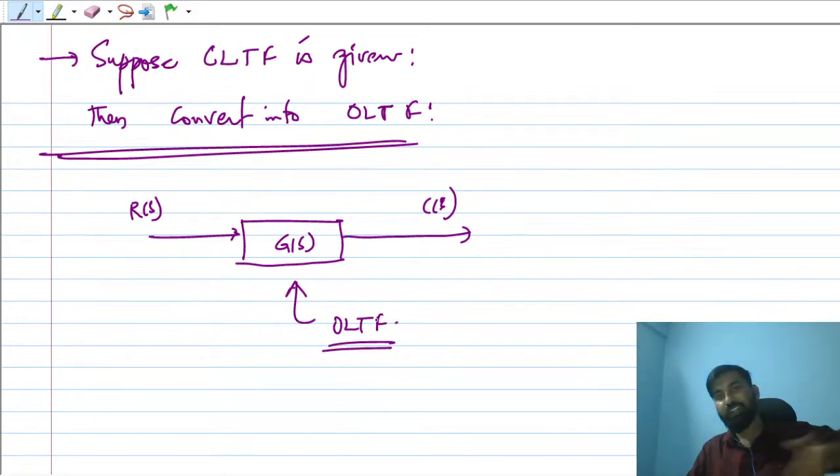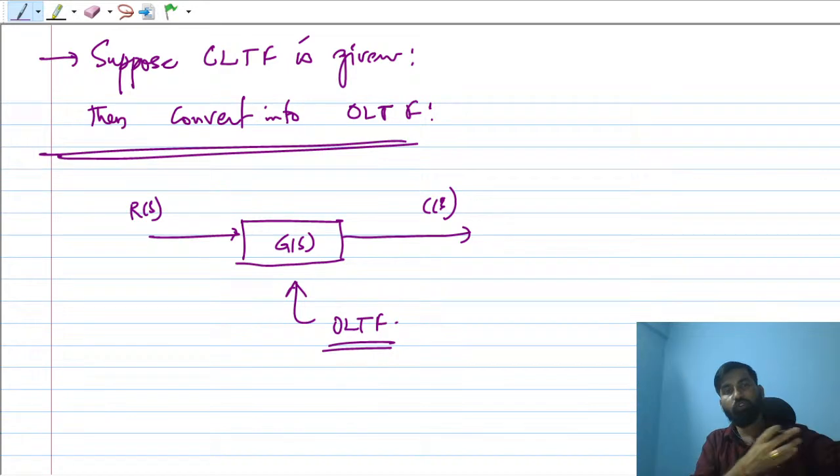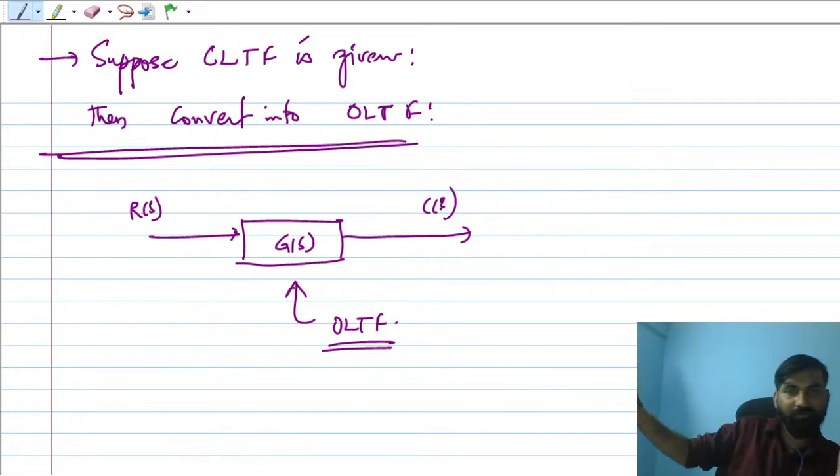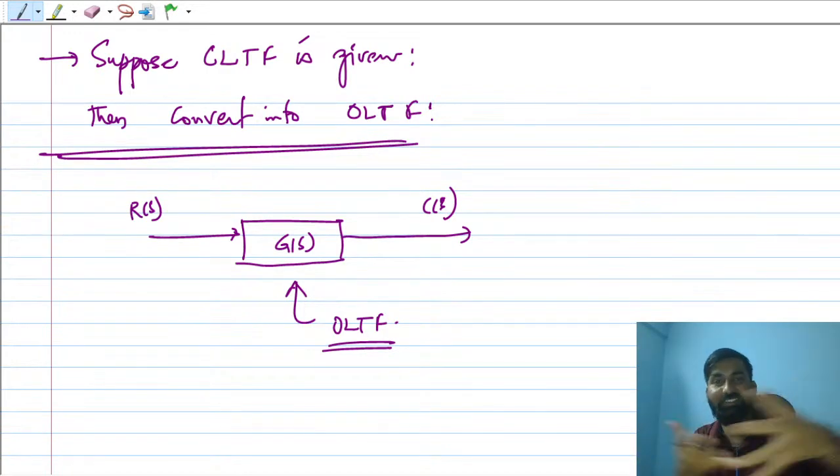Because there is no connection from output to input. If you are taking part of the output and feeding it back to the input, to minimize the error, whatever you are applying, and if you're not getting the same, you bring it back again and compare whatever you have got, so you can minimize that difference.